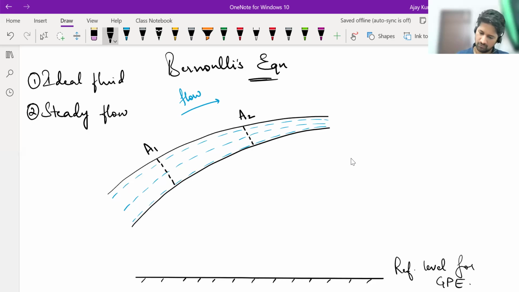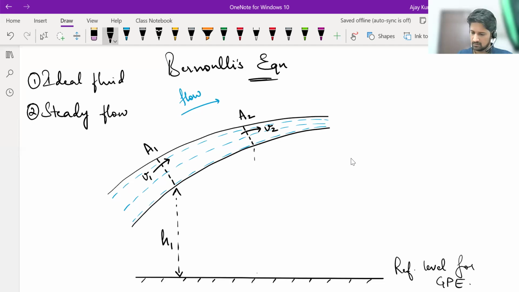Let's say the speed of flow here is V1 and the speed of flow here is V2. We'll have to consider the pipe to be narrow compared to these heights. In this diagram it doesn't appear that narrow, but compared to these heights, let's call this height H1 and this height H2, the width of the pipe is negligible.